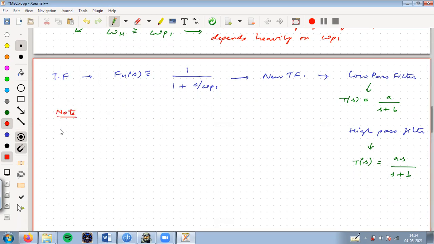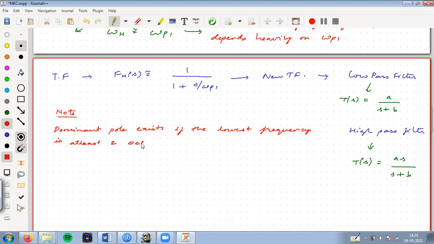Note: a dominant pole exists if the lowest frequency is at least 2 octaves away from the nearest poles.